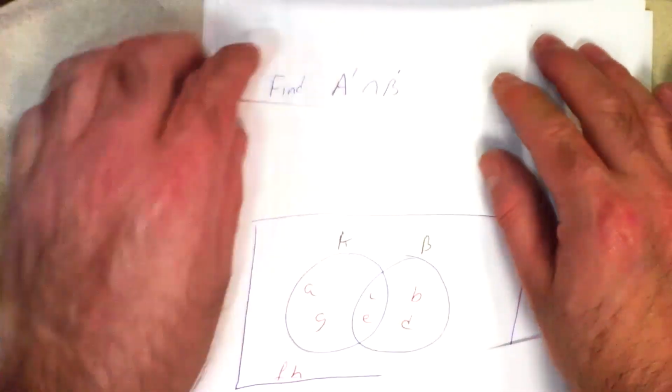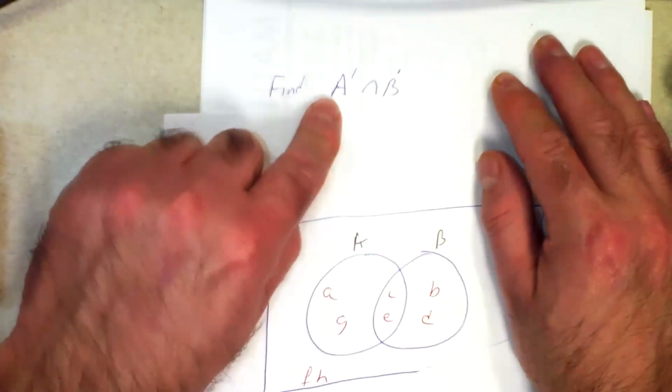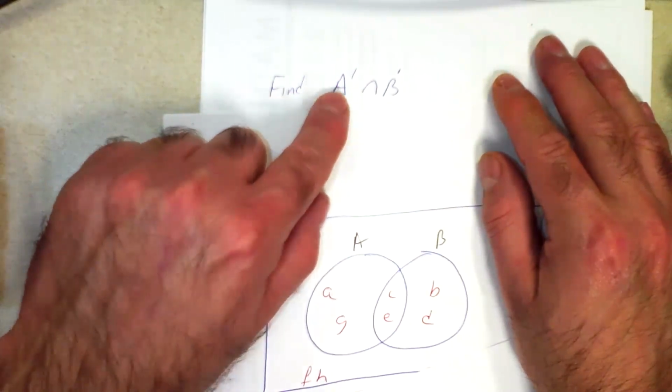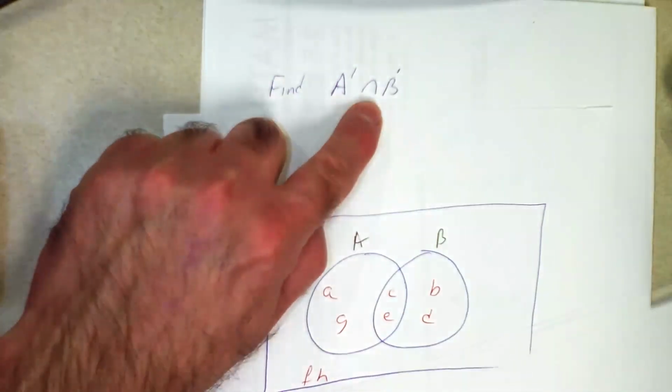So that's what we're going to do next. We're going to find the intersection of A complement with B complement.